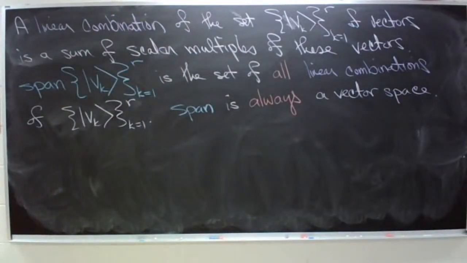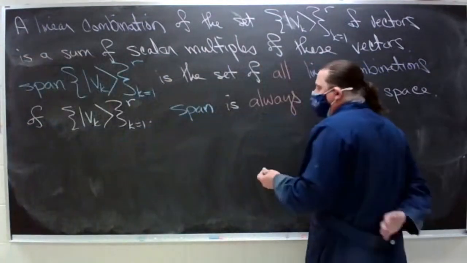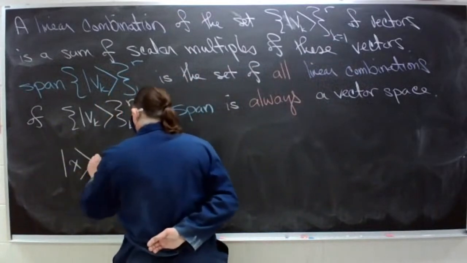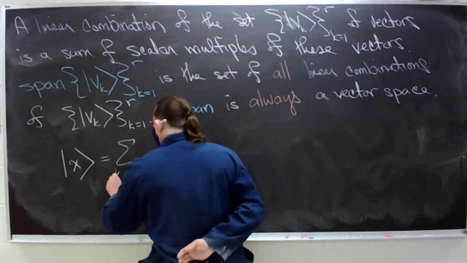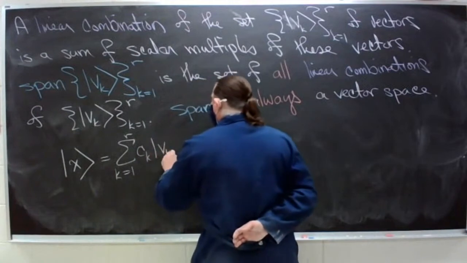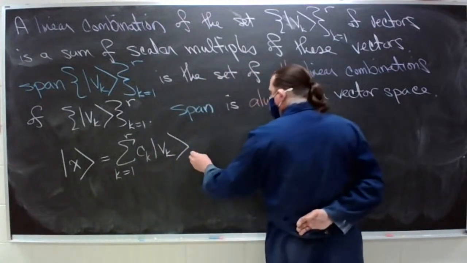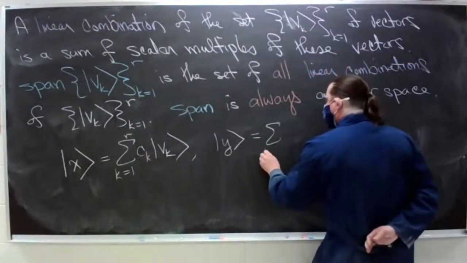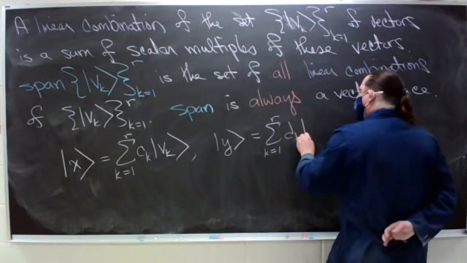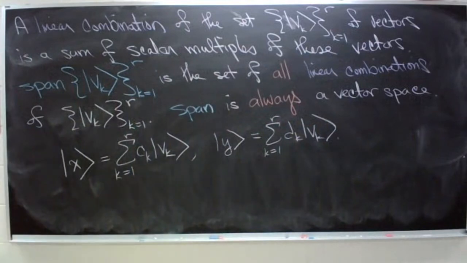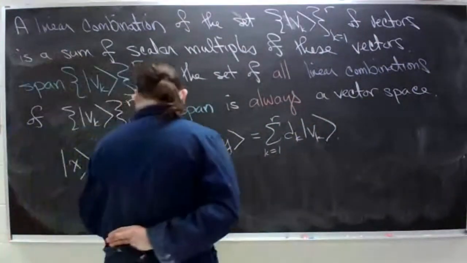How would we establish that? Well, if I had two vectors x and y in this span, then I can imagine adding them together.